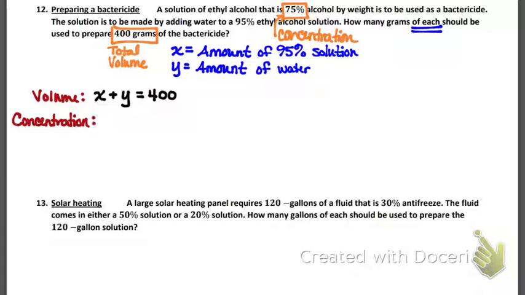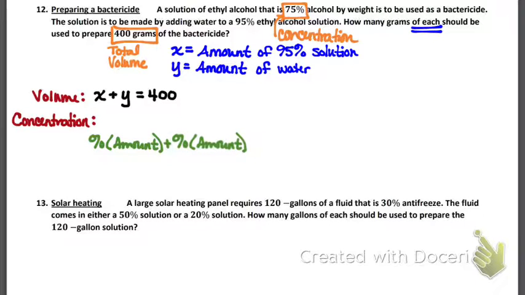And when I write an equation for the concentration, each piece of this will follow a very similar pattern. Just like up above, it was grams plus grams equals total grams. For the concentration, I need the percent times the amount plus the percent times the amount.